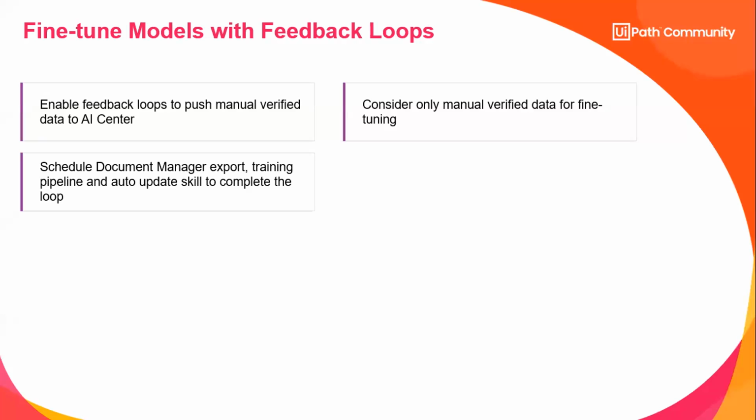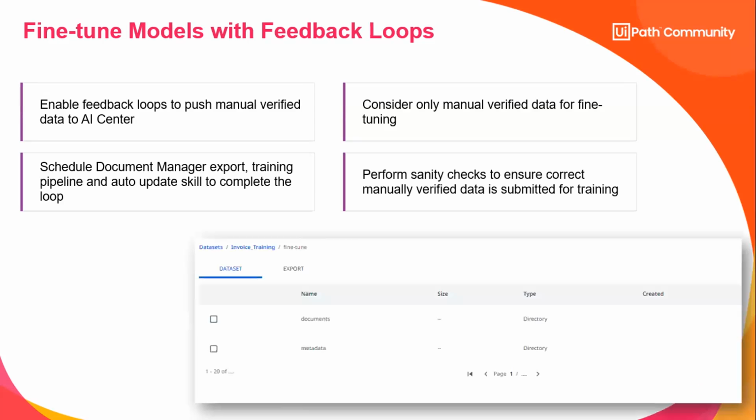And every time you run that pipeline, you consider all those things to train your model. And then it will just train it. And once you have the latest version of the package in your skill, you can upgrade it to the latest version. So I'll also show that.